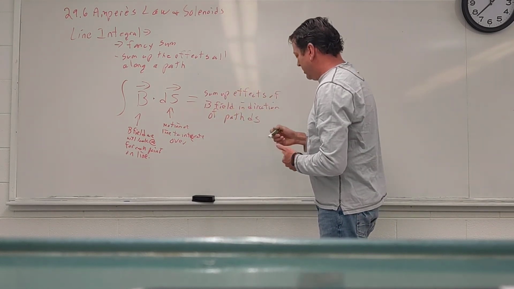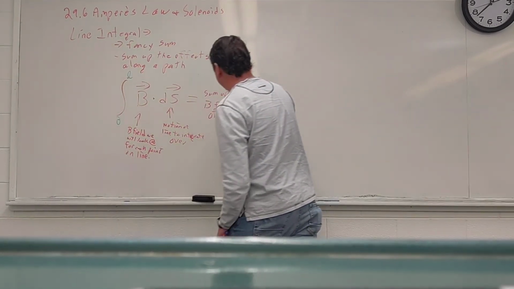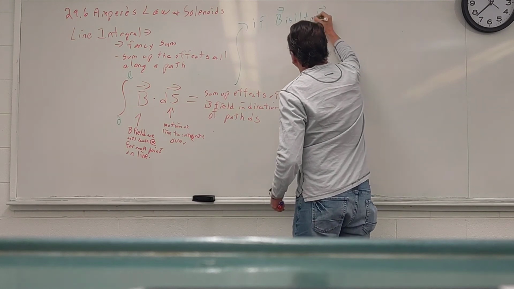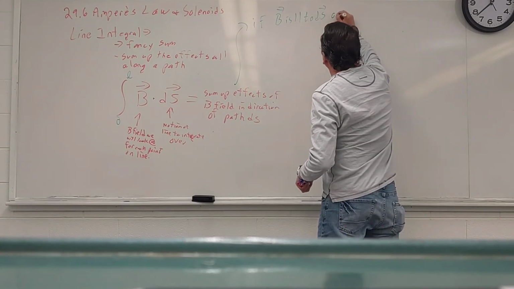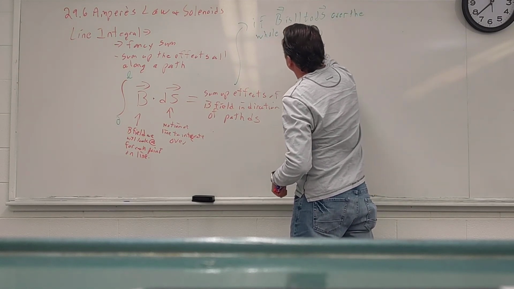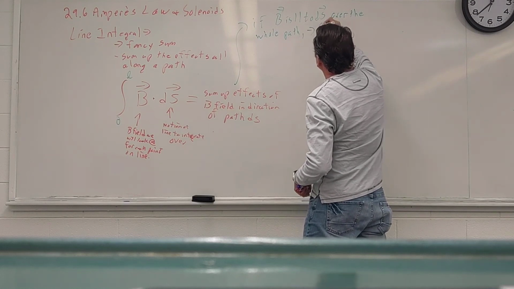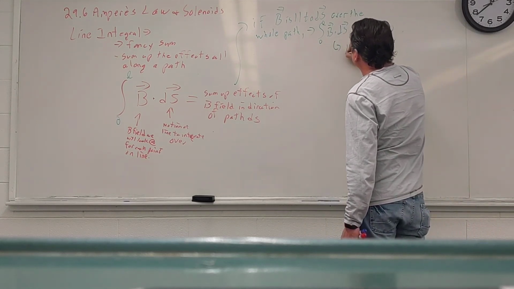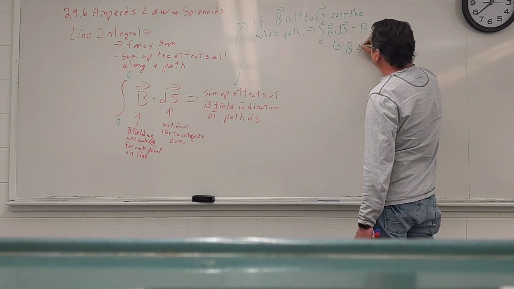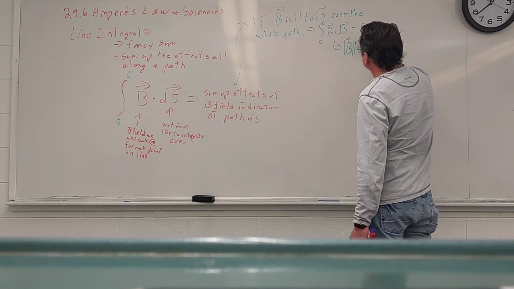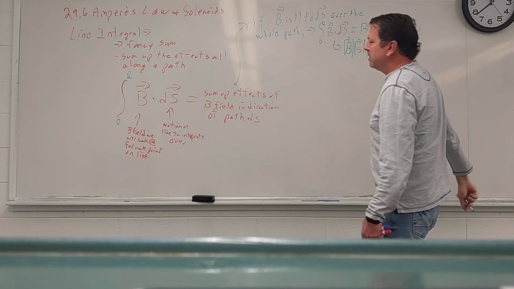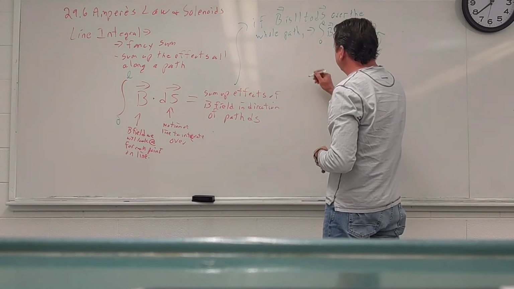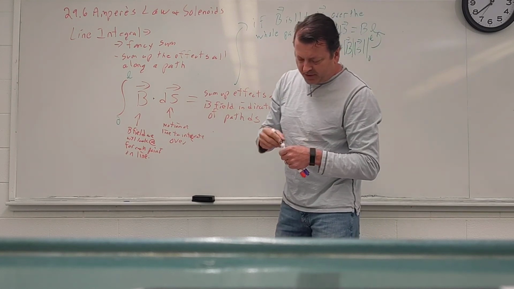So if I do this integral over, say, 0 to L, and B is parallel to ds over the whole path, then my integral from 0 to L of B dot ds would equal B times L, because that would be the magnitude of B times the magnitude of ds, integrating s from 0 to L. Now, with Ampere's law, we're going to use this to help us out for that calculation.